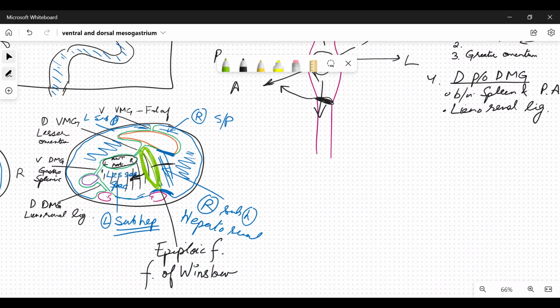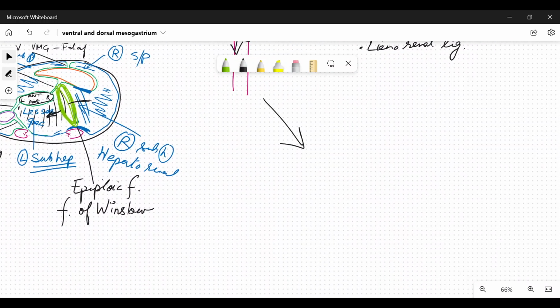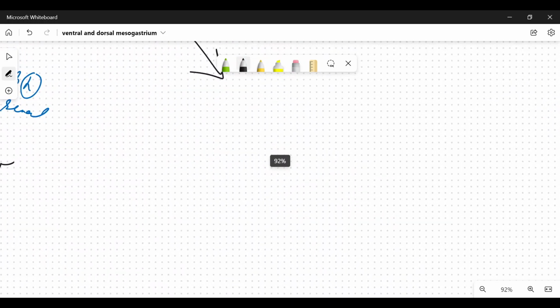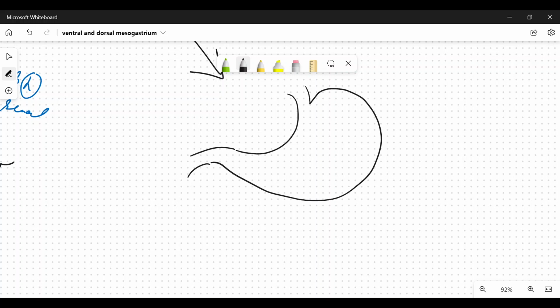This leads to what? Eventually, the stomach will assume its adult location.